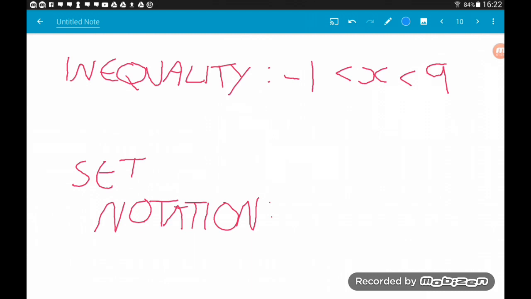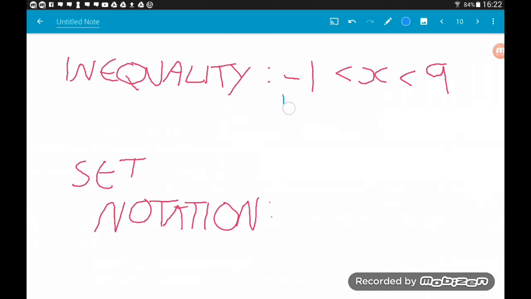Third example. We've got x is greater than -1, but less than 9. These get a little bit trickier now. We can't write this as a single inequality in set notation. We want to write it as two single inequalities using set notation. What's the first one telling us?